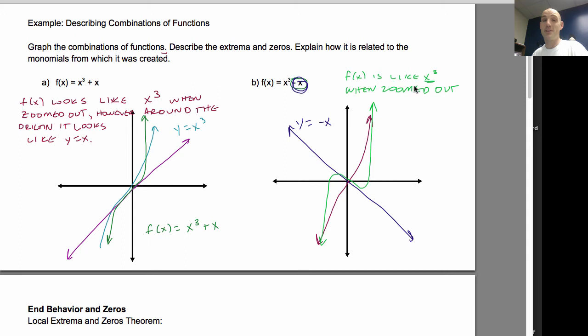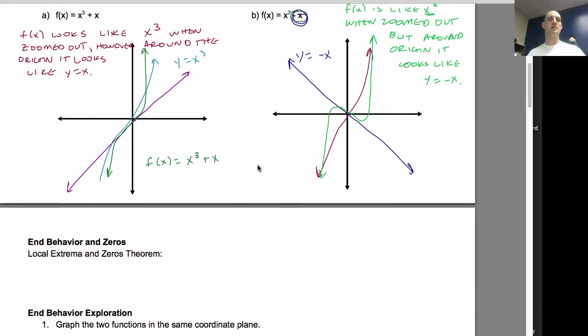X cubed is the highest degree term, remember that. But around the origin, it looks like y equals negative x, so the other part of the function.